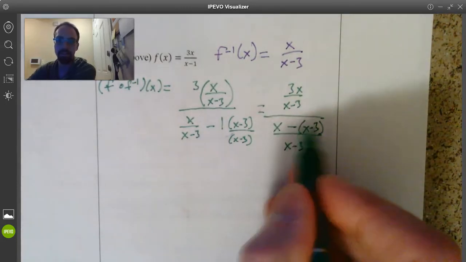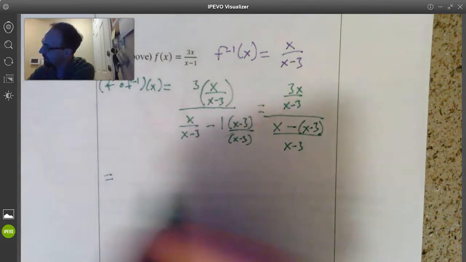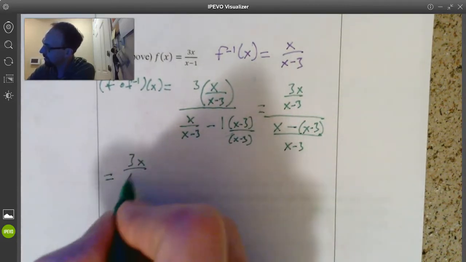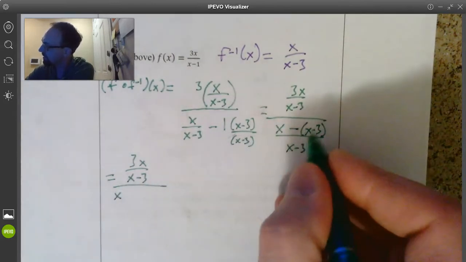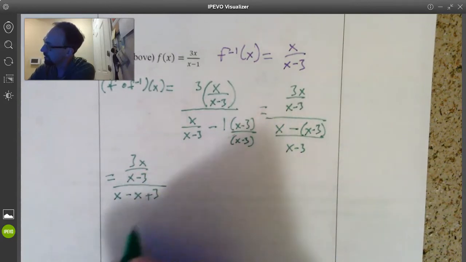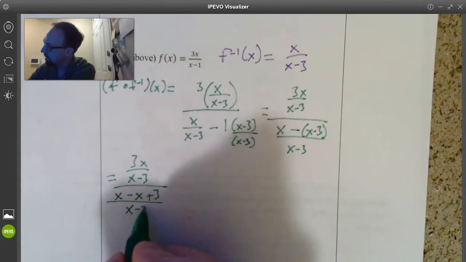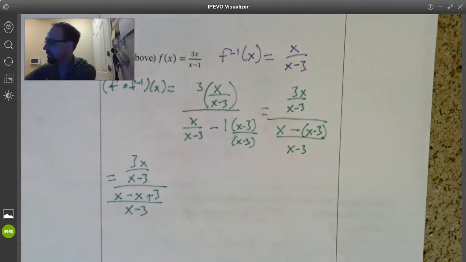I can simplify this, distribute that negative. So I've got 3x over x minus 3 all over x minus x plus 3 over x minus 3. The x minus x cancels.